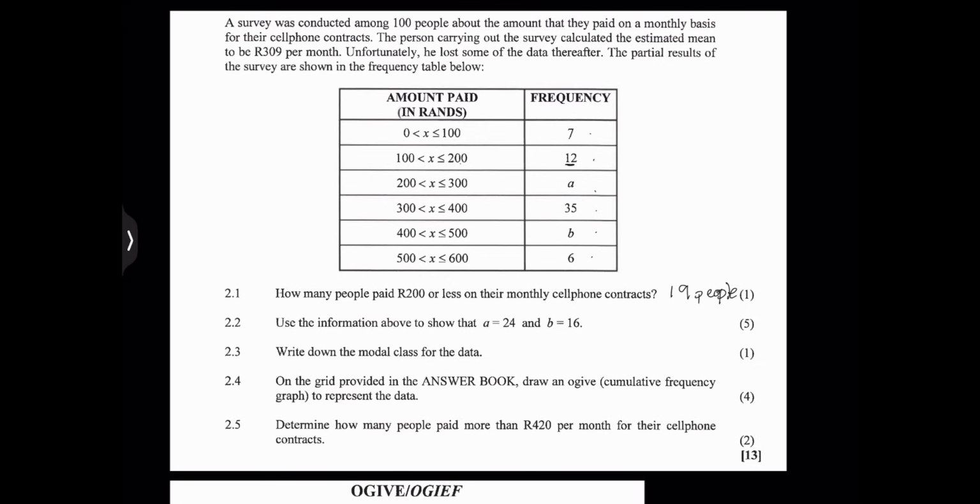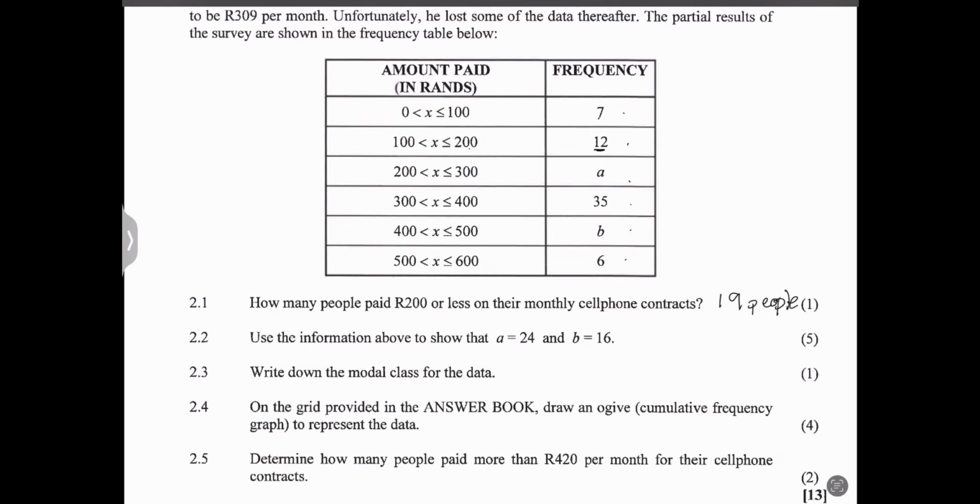So what we're going to do is take the sum of people there. So it means that 7 plus 12 plus 12 plus A plus, that's A, not 9, plus 35 plus B plus 6.